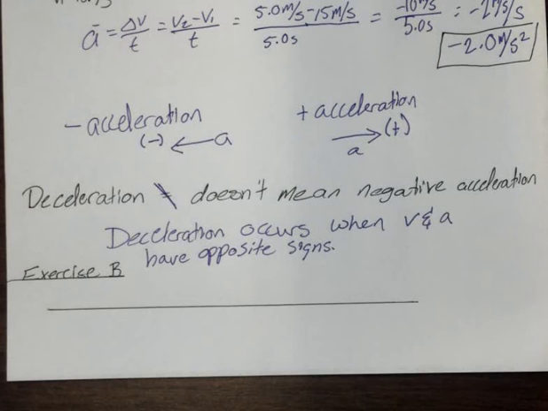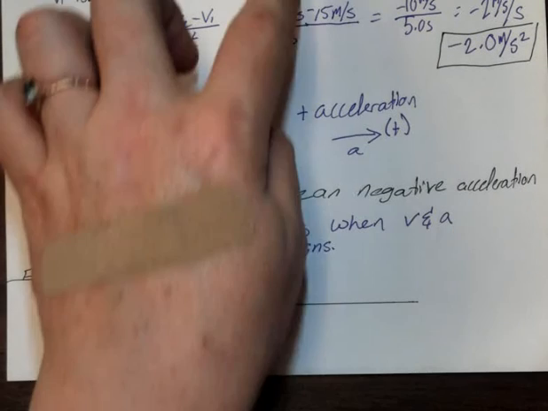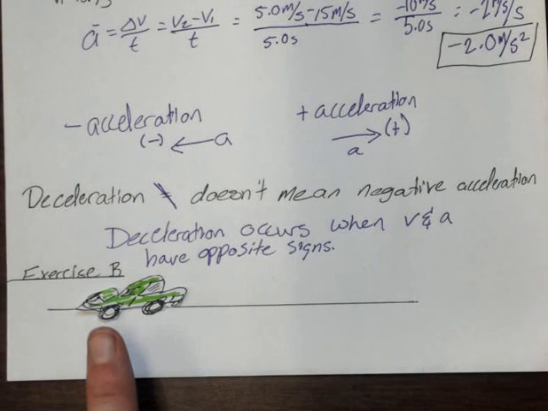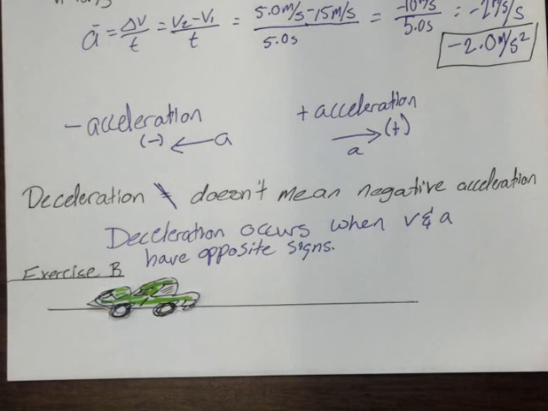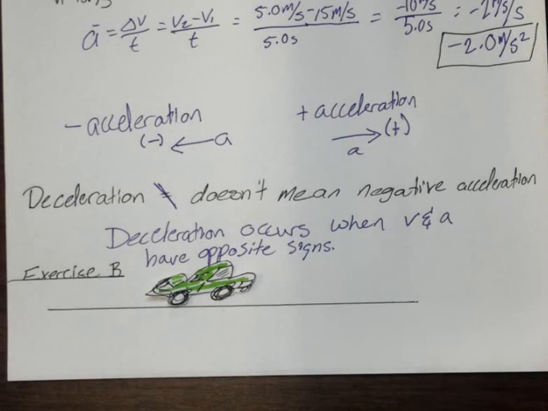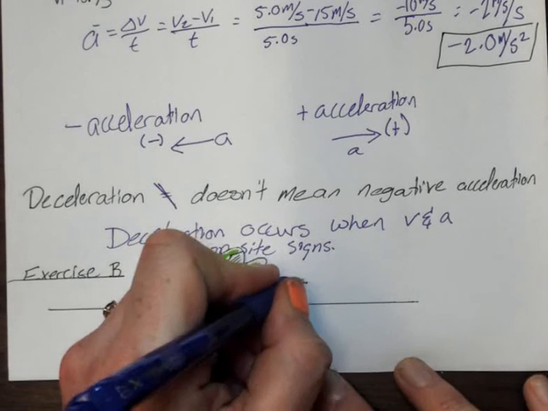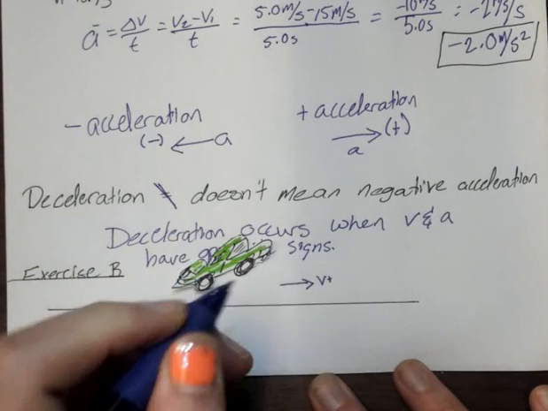A car is moving along the x-axis. So here's our x-axis, and where'd my car go? There he is, there's our car. So our car is moving along the x-axis. What's the sign of the car's acceleration if it's moving in the positive direction? He's moving in this direction, so that means his velocity is positive.